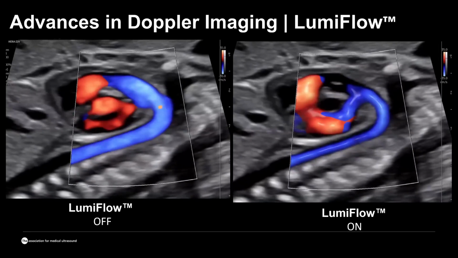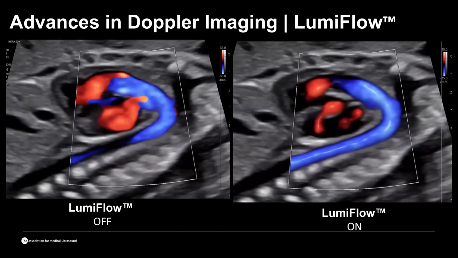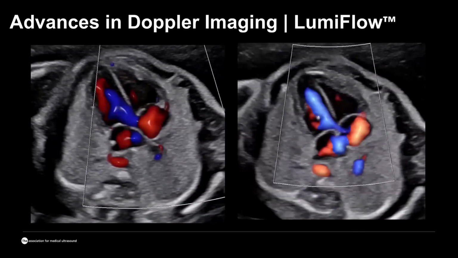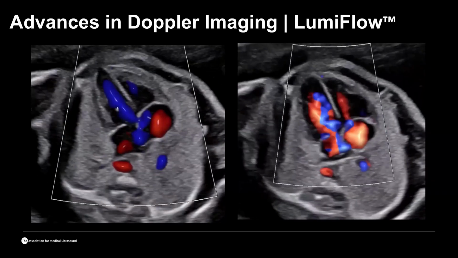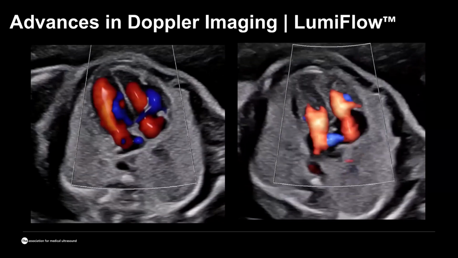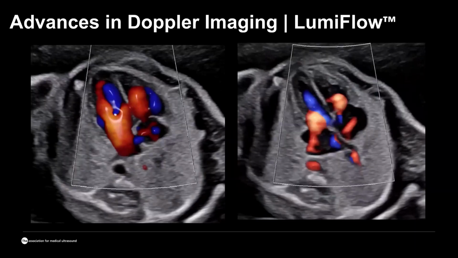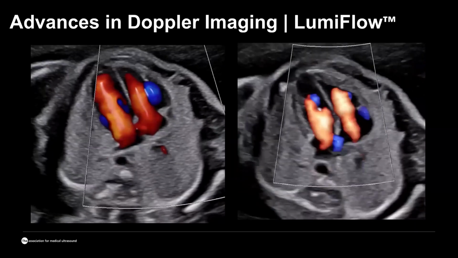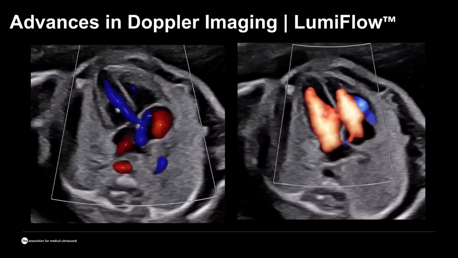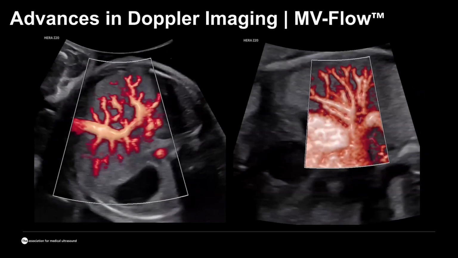In other words, the color stays in the vessel very precisely. LumiFlow imaging can be combined with any type of color, including the S flow or the conventional flow. This is probably the most common application.